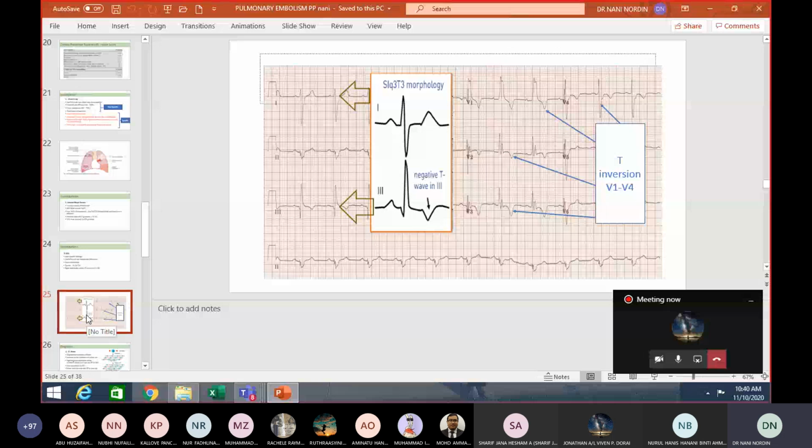All right. Okay, if this is not clear, you go and Google and you look for Q1, S1, Q3, T3. There's a lot of examples of it. Okay, so that is the ECG findings. Again, it might still be normal, right?